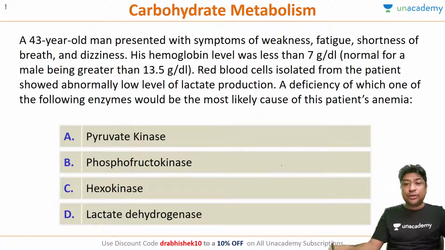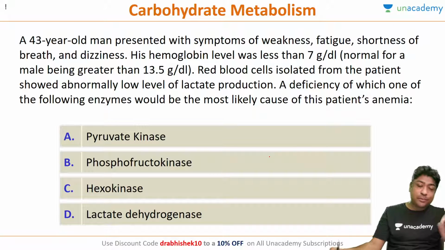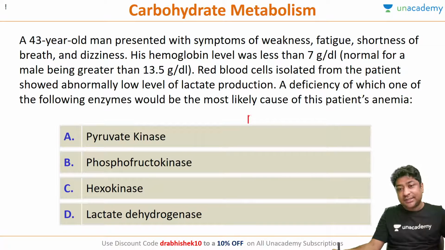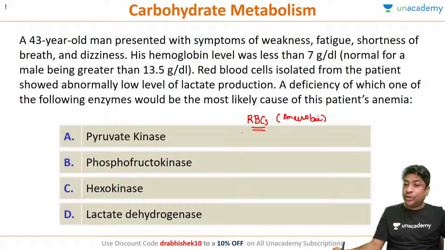Okay. So here, the first important concept is that in RBCs, only anaerobic glycolysis happens. The significance of this is that in RBC, glucose is converted into lactate.